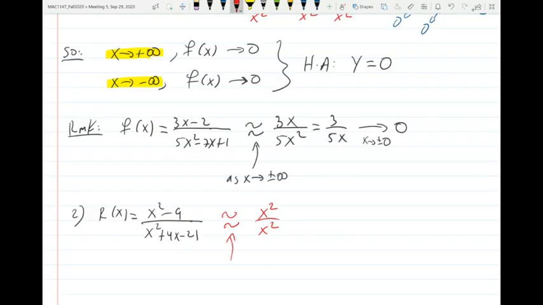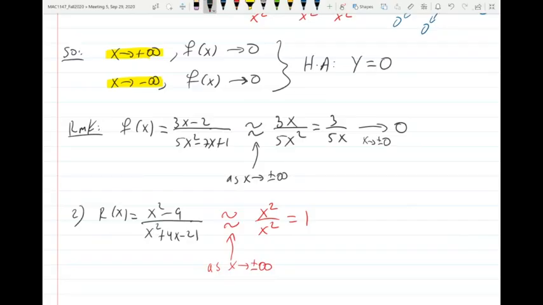And remember, this approximation means as x approaches positive or negative infinity, when x is big. When x is small, of course, these two things are very different from each other. But the bigger x gets, the closer these two expressions will become, and this is just one.